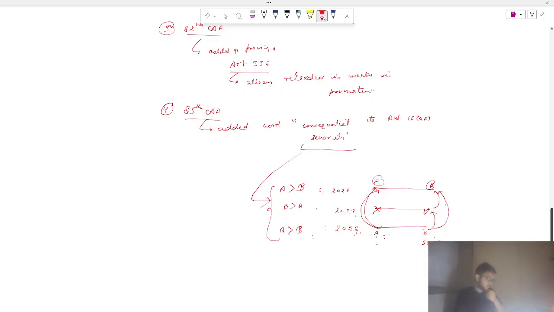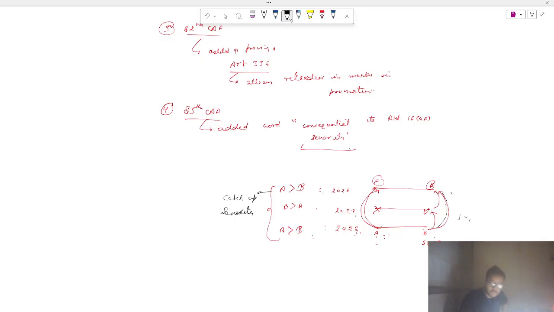Basically, this seniority is called catch-up seniority. But what do we mean by consequential seniority? There are two types of seniority: catch-up seniority and consequential seniority.